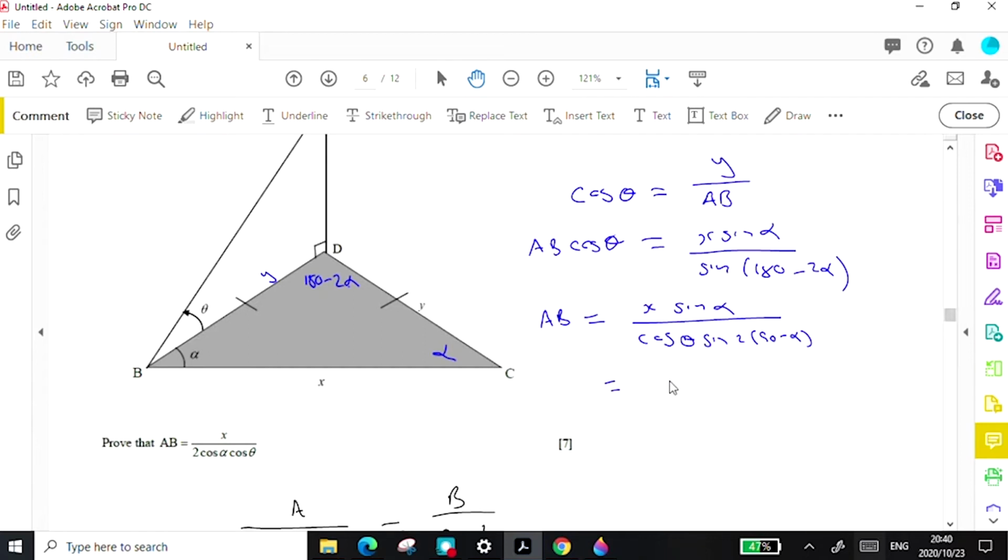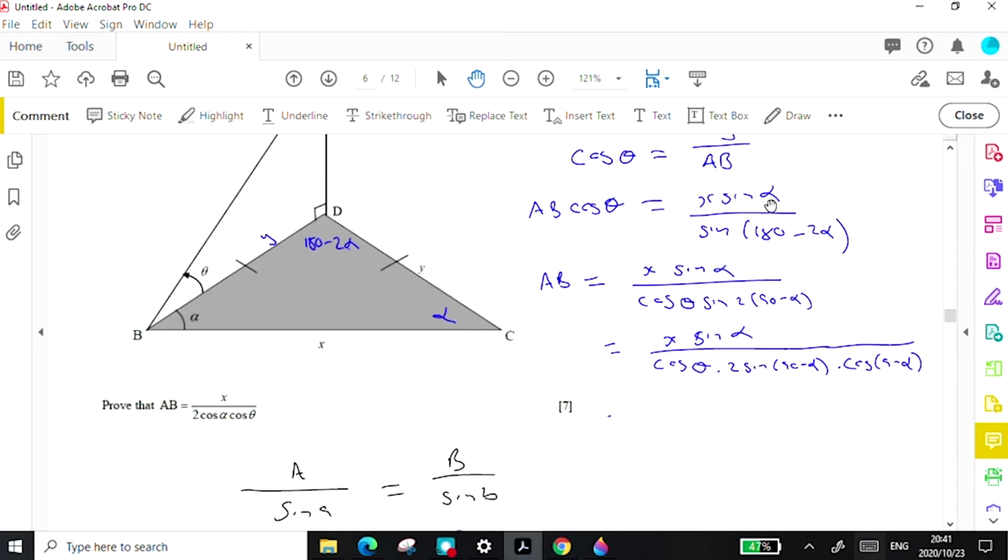And this is equal to x sine alpha divided by cos theta multiplied by 2 sine 90 minus alpha multiplied by cos 90 minus alpha, which is equal to x sine alpha divided by cos theta, take the 2 out, and sine 90 minus alpha is equal to cos alpha, and cos 90 minus alpha is equal to sine alpha.